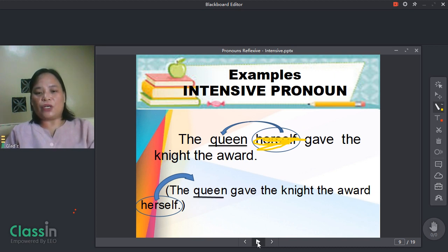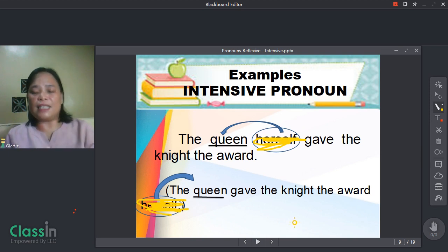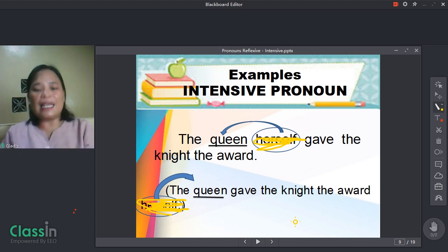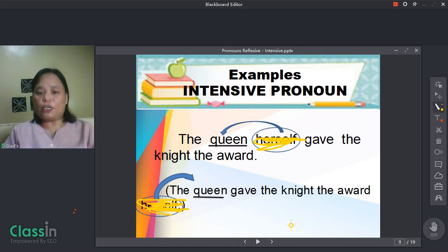So whether we remove or omit it, same with what we did in the first example, the queen gave the knight the award is still a complete sentence and expresses a complete thought.